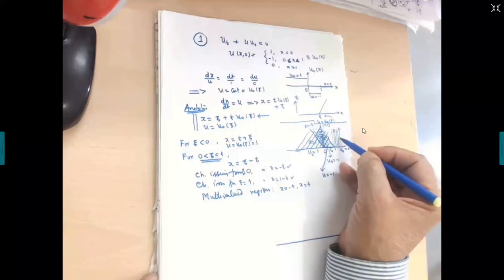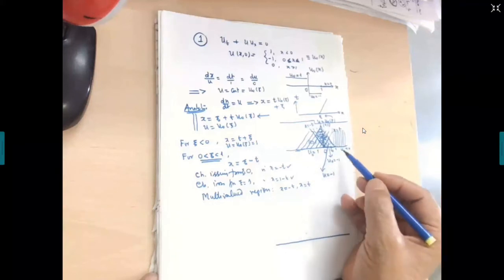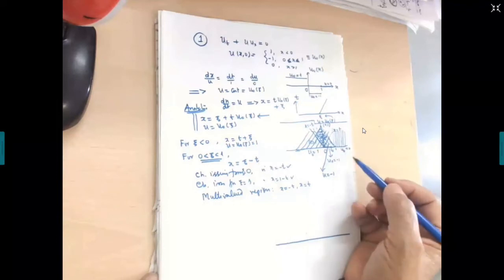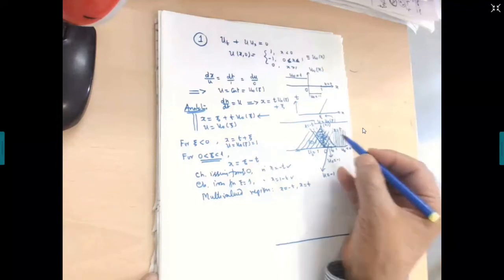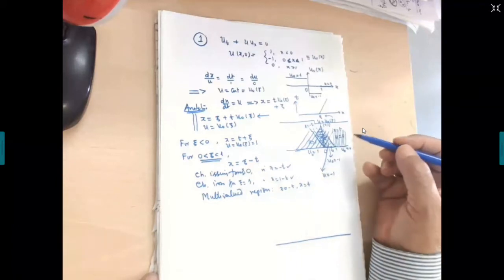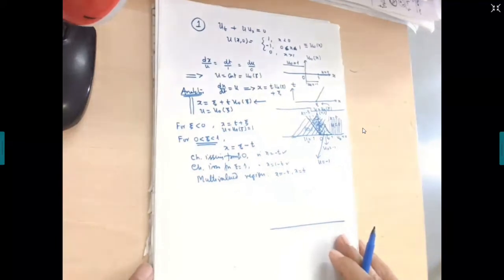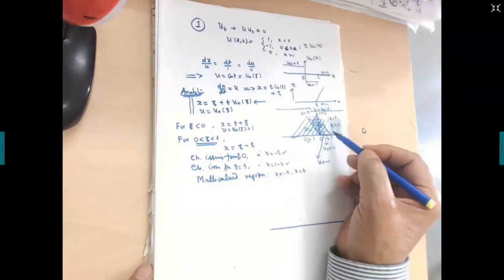Very good. What information will they carry from the initial line? 0. In this part, u is equal to 0.